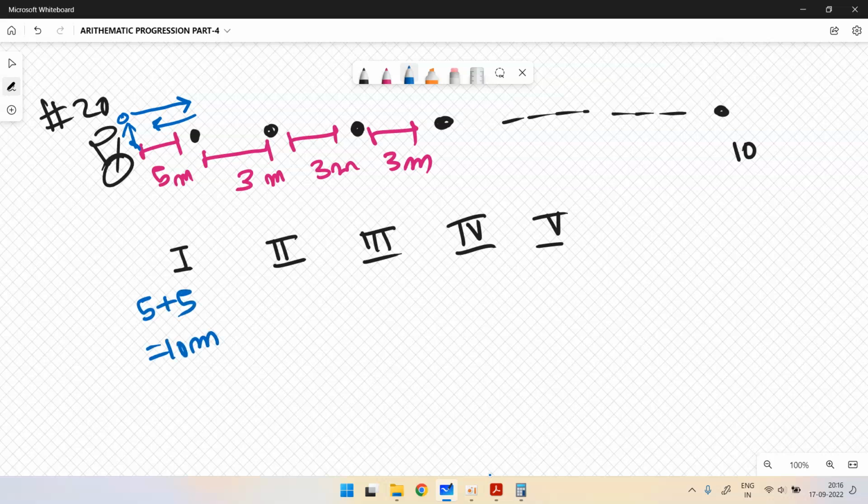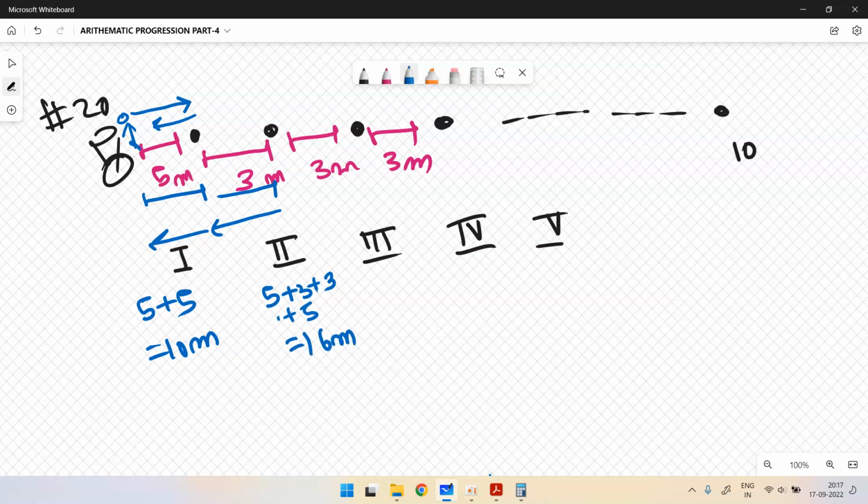For the second potato she has to again cover 5 plus 3, and then return 5 plus 3. So this will be 5 plus 3 plus 3 plus 5, which is 16.